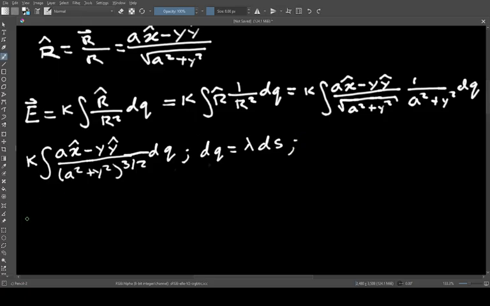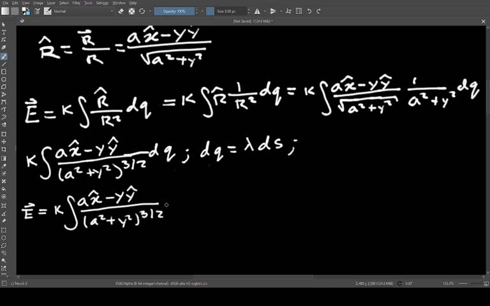E is going to be equal to k times (a x-hat minus y-hat) over (a squared plus y squared) to the power of 3/2 times lambda ds.